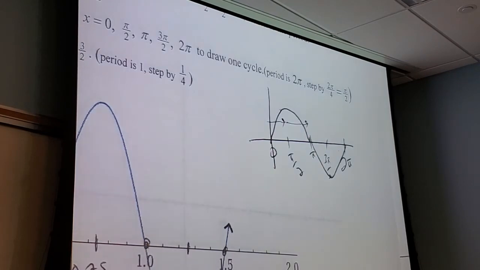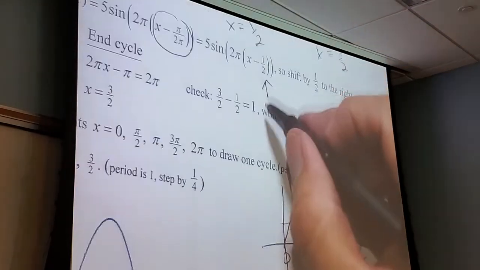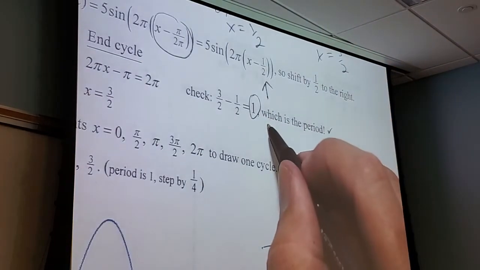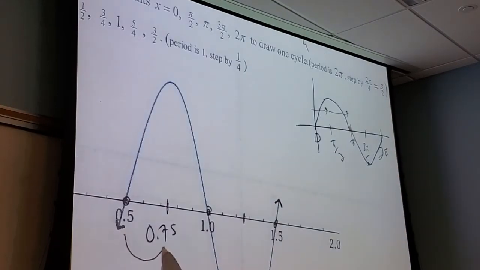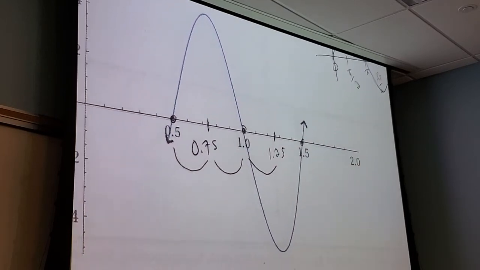Every step I take is like 1/2 pi to step through. So now, since my period is 1, every step is going to be 1/4 big. So every step I take, sure enough, is 0.25, 0.25, 0.25. It's got the exact same shape. It's just been moved over and smushed.